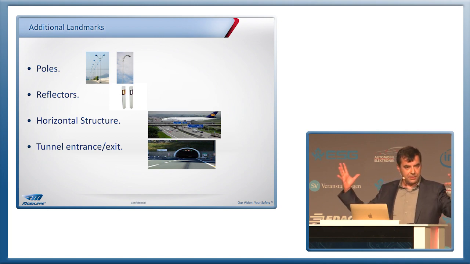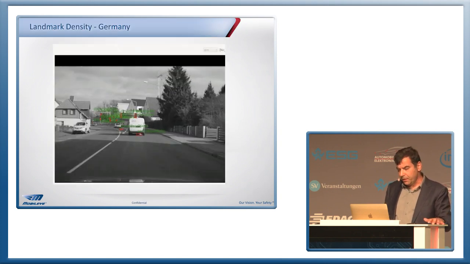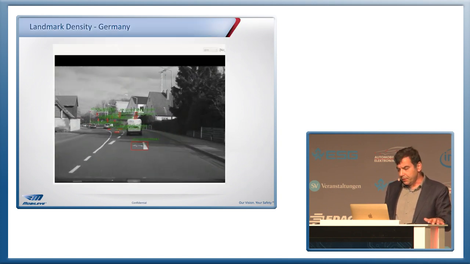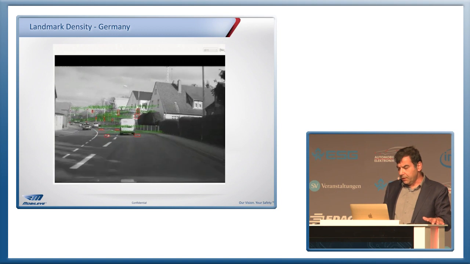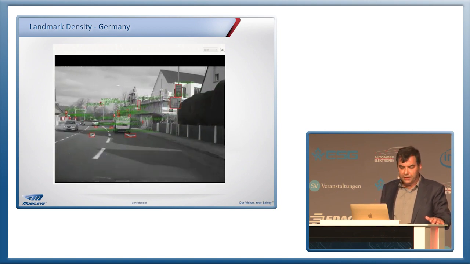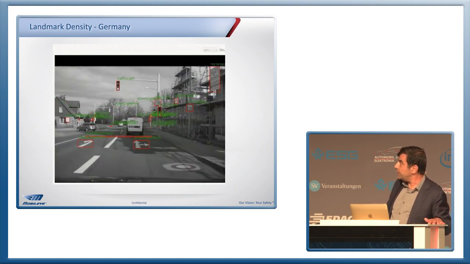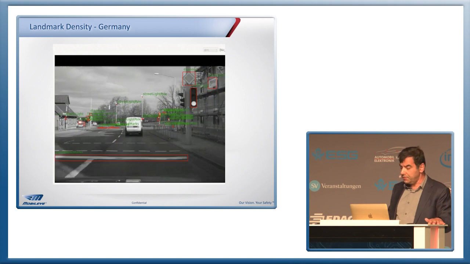Anything that is fixed in the world is a landmark. We use these landmarks to fix the localization drift. So here's an example somewhere in Germany, just to get a sense of the density of landmarks you can get. Okay, so in this case, these are pavement markings and traffic signs and poles and so forth.